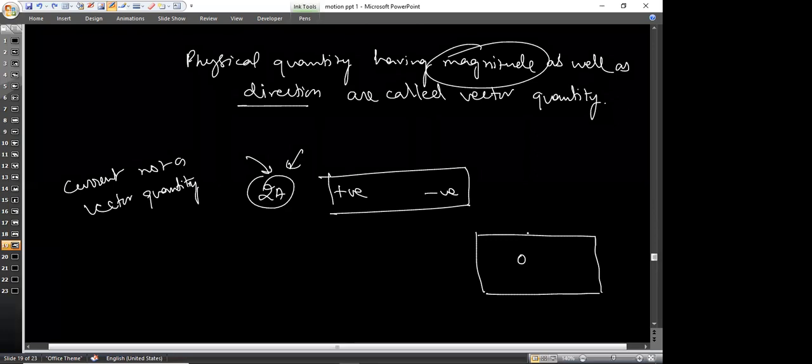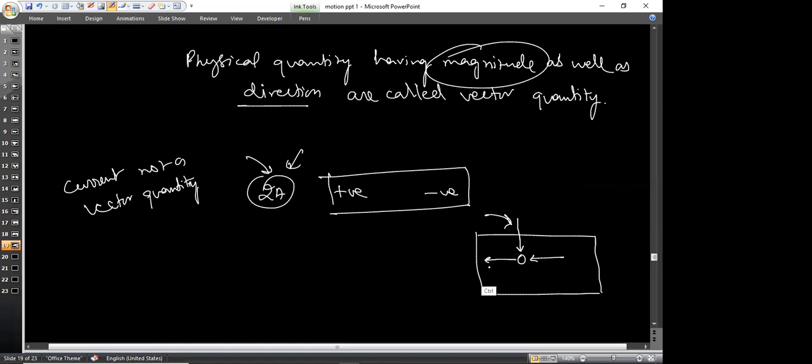But what happens if both of them simultaneously hit this ball with the same force? This force will make the ball move in this direction, and this force will make the ball move in this direction.